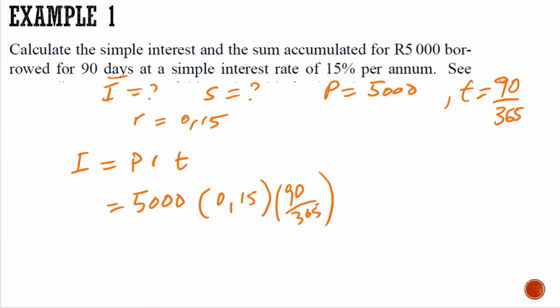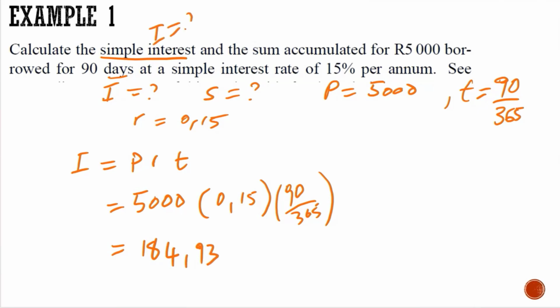Then you can just plug this into your calculator, and you find that the interest they are looking for, this first part, is 184.93. Okay, so that is the first part that they are looking for.